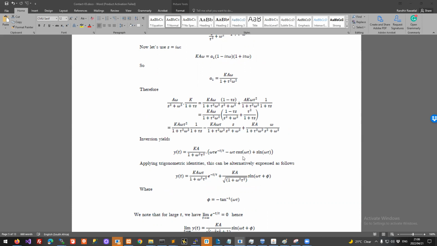So it's a little bit inconvenient to work with this. You do have a cos of omega t and a sine of omega t. And if you recall your high school trigonometric identities, through some clever manipulations, you can translate this form to a form that looks like this.